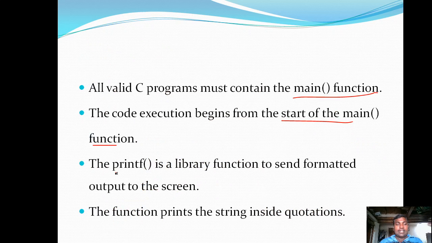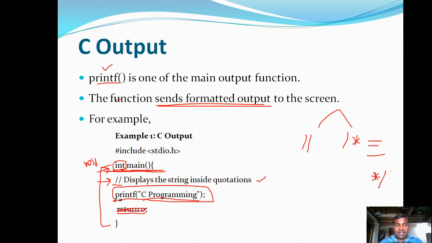Then printf is a library function to send formatted output to the screen. Formatted output function means we can control the appearance of information on the screen with the help of several format specifiers.